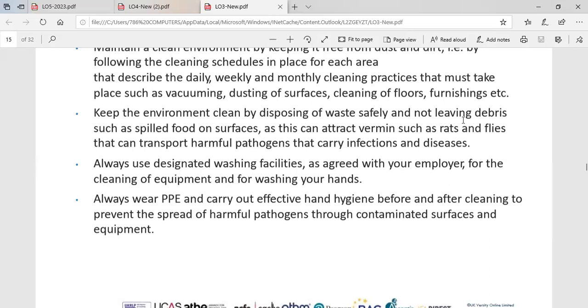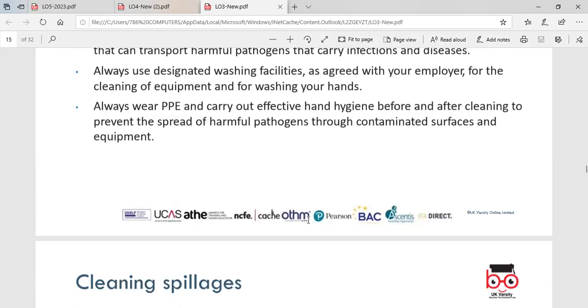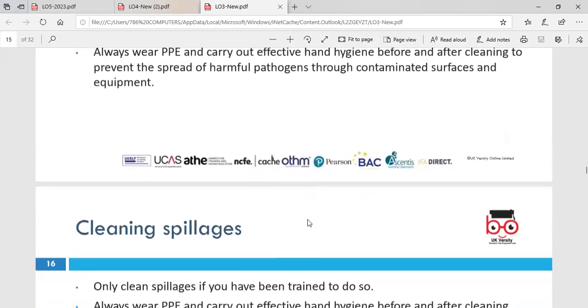They work as agents in the transportation of infections. Always use designated washing facilities so that you're not using other washing areas to wash contaminated hands. Always wear PPE and carry out effective hand hygiene before and after cleaning to prevent the spread of harmful pathogens.